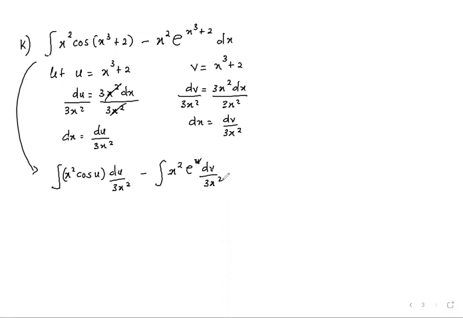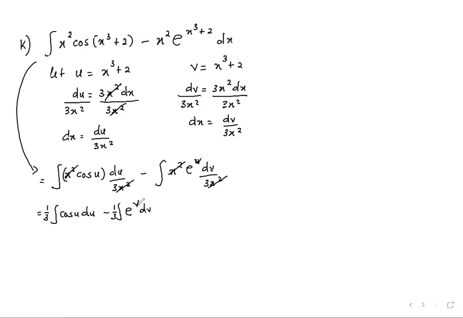Now this x squared and this x squared are cancelling. So what do we get? We're getting 1 over 3 cos u du minus 1 over 3 e^v dv.